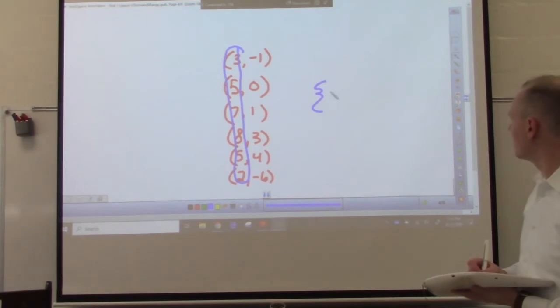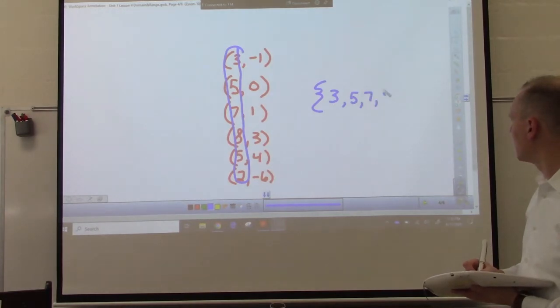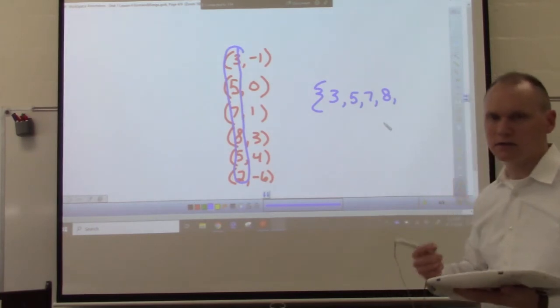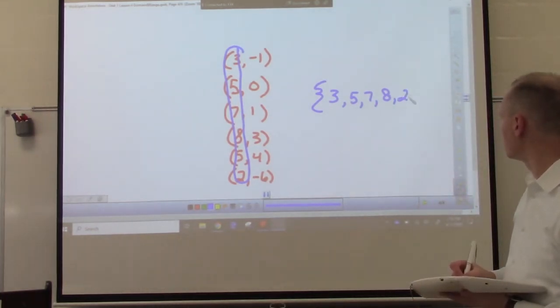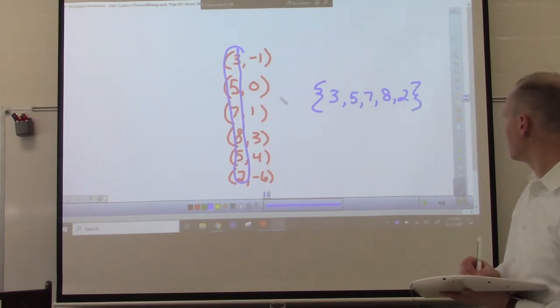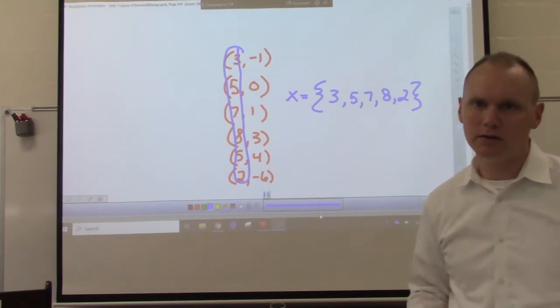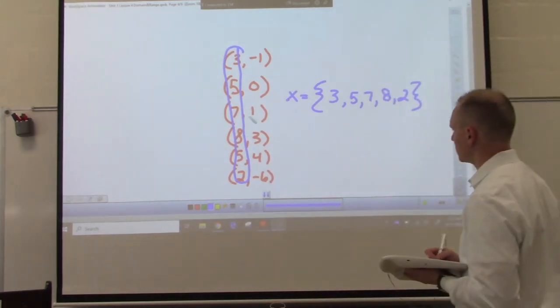Set notation, we're going to list these out. 3, 5, 7, 8. We already wrote 5, so we don't really need to write that again. It's still accounted for already. And then 2. So that is our domain. So we might say x equals, and then that set of numbers. So that would be our domain in this particular situation.